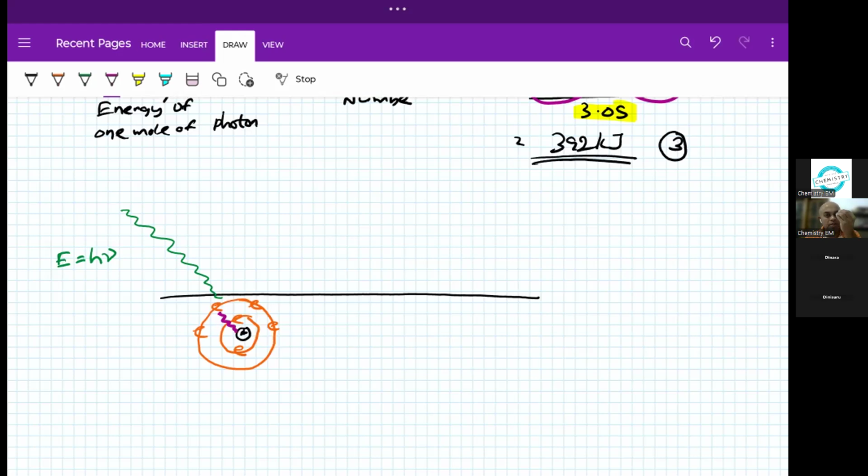Absorbing energy means it is taking in energy from outside. Then electrons can overcome the attraction between itself and the nucleus and eject from the atom completely. Here it is also happening.